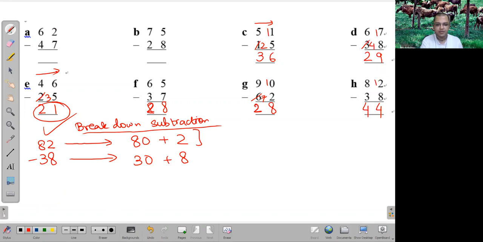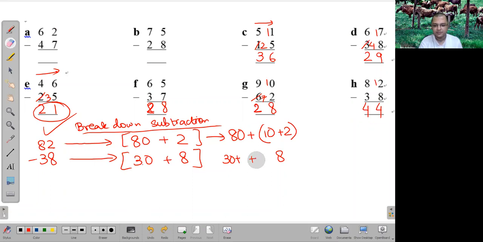Now I have to subtract 30 from 80 and 8 from 2. 30 from 80 is possible, but 8 from 2 is not possible. So we will do one thing. This 2, we will make it 10 plus 2. And this 30 also, we will make it 30 plus 10. Oh, sorry. Just a minute.